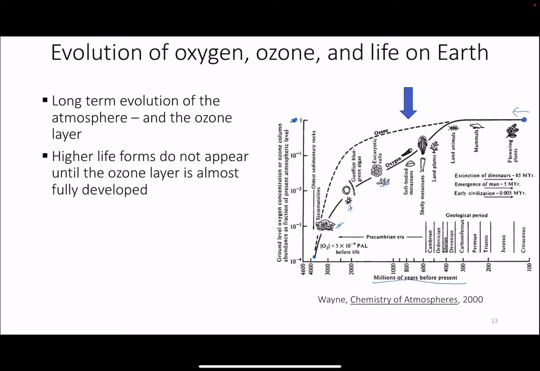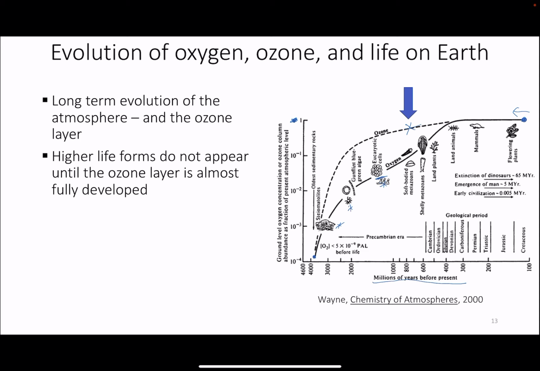What's interesting is that you have almost 3 billion years of oxygen being present in the atmosphere, but nothing larger than single-celled organisms are present until ozone is just about at its present level. And so it suggests that higher life forms are not capable of being present until there's an ozone layer there to protect them from UV light.